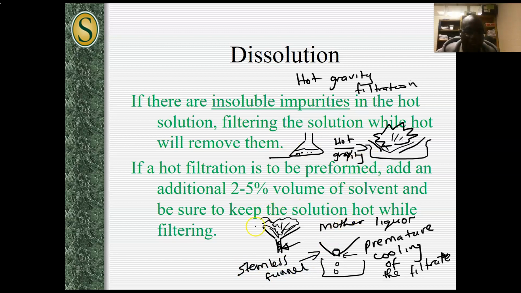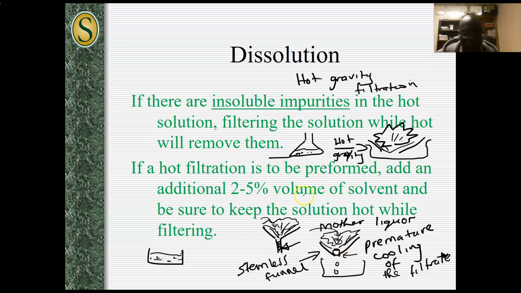Now, as you pour the liquid here, you realize there's going to be a white paste. That's why you need to pour small portions, because again, your mother liquor is going to prematurely cool on the filter paper. As you pour it, you want to rinse it with pre-boiled water, to make sure everything is rinsed down.